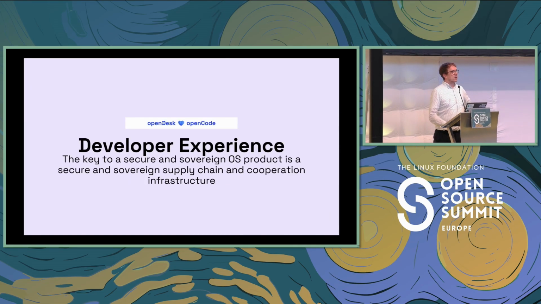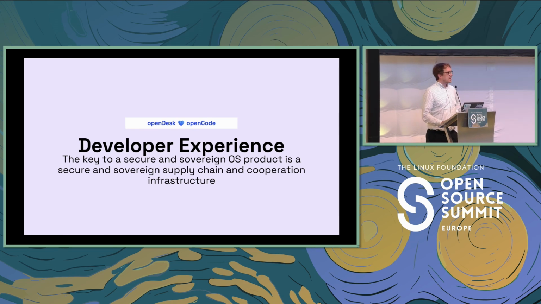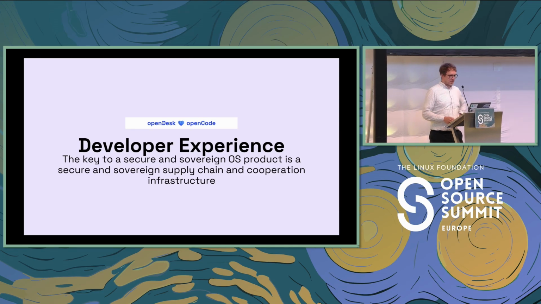The part I want to talk about today is more about the supply chain and the public sector perspective on how software can become part of our IT portfolios. In ZenDiS terms, we say the key to a secure and sovereign product like openDesk is a secure and sovereign supply chain infrastructure.